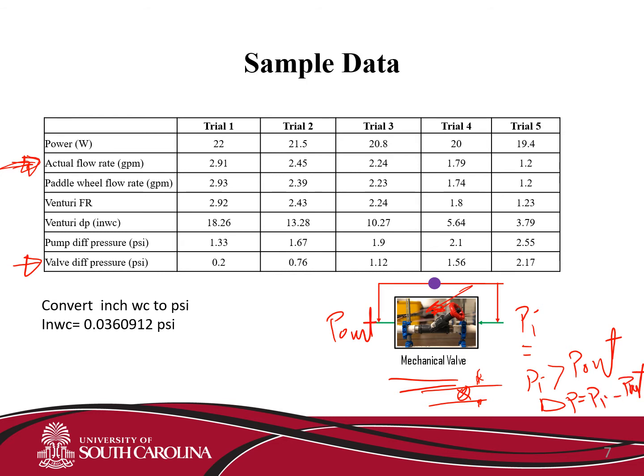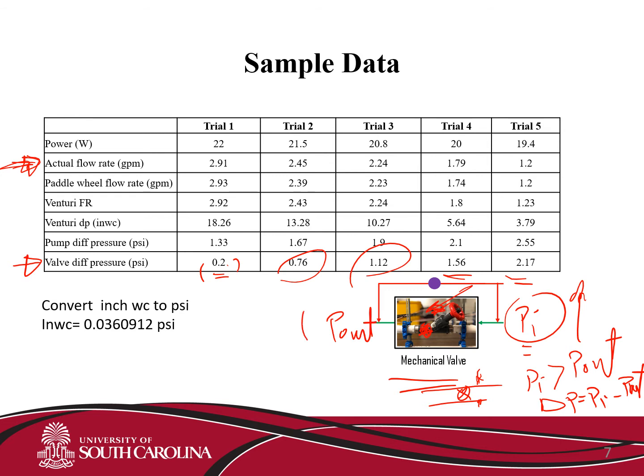So first we make it fully open, 0.2, and then we decrease the cross-sectional area, so P in will increase. Once we make this area small, P in increases. We get 0.76, then 1.12, the fourth one 1.56, and the final one 2.17.